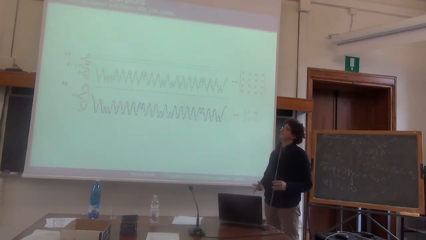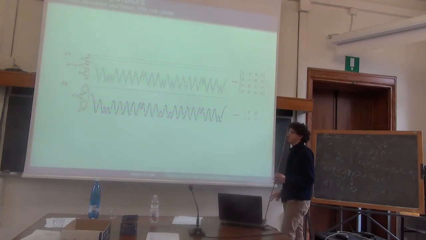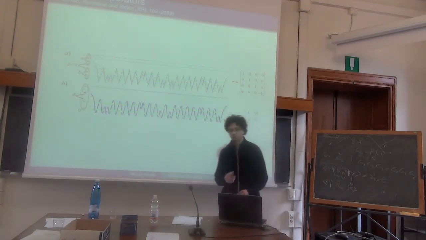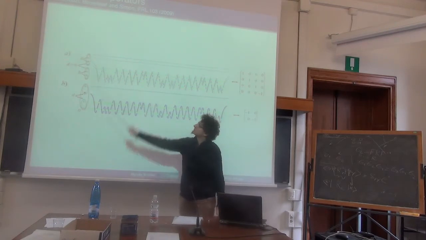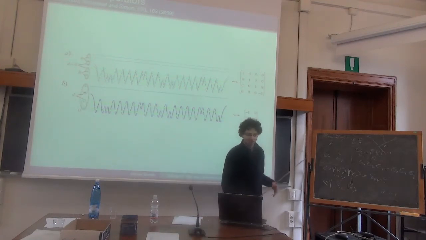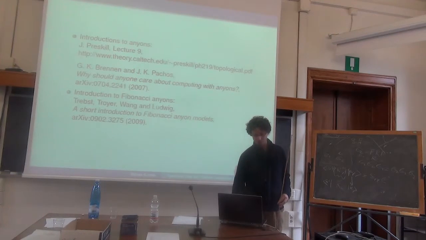So, more or less, this is the general idea about how we can do quantum computation with Fibonacci anyons if we ever reach some system with them, and these are the main ideas that you have to check if you're interested in this sort of topological quantum computation.